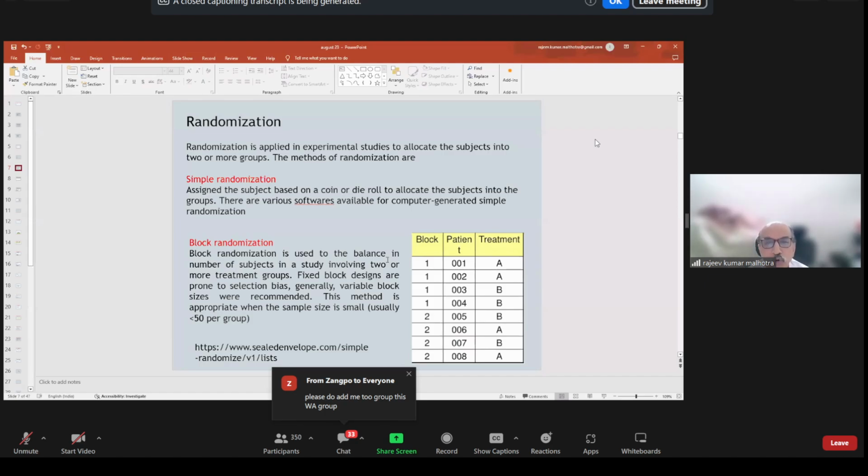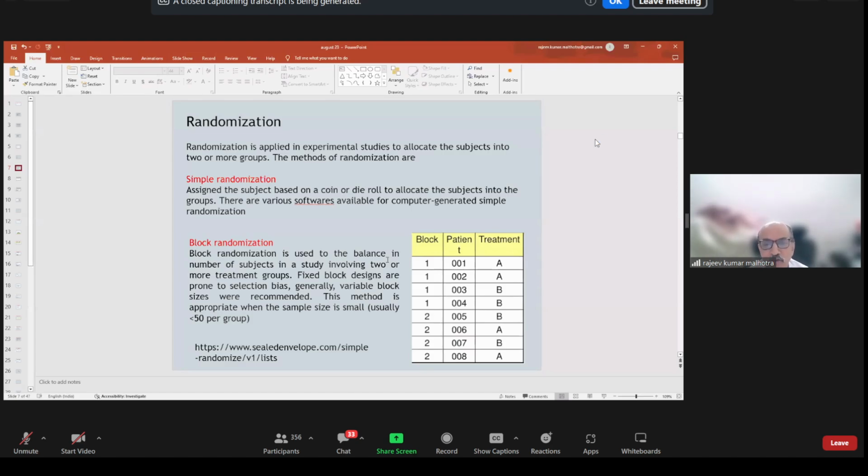But if you use a coin or die roll, there is some problem of imbalance. So the solution for balance is block randomization. In block randomization, you can fix the block size at 2, 4 or 6, or you can have a variable block size.